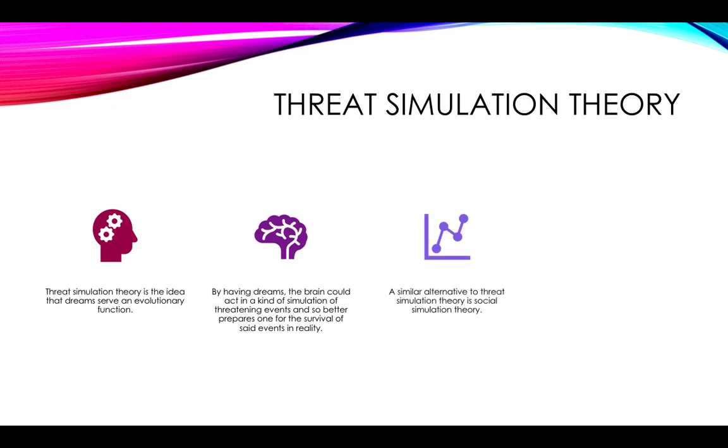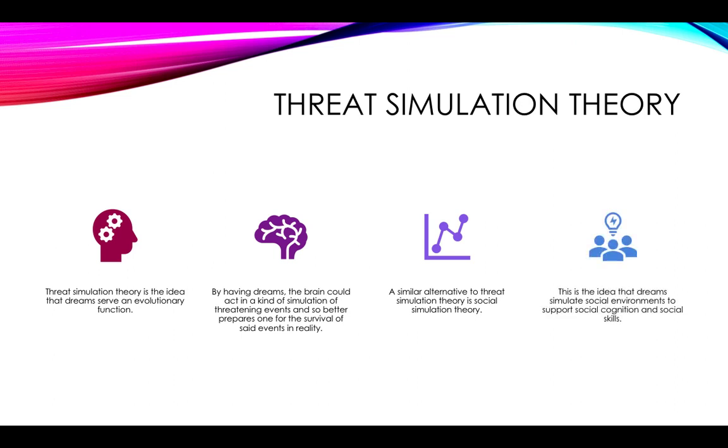A similar alternative to threat simulation theory is the idea of social simulation theory, because right now threats don't seem to be the kind of driving factor within our psychology as they did tens of thousands of years ago. Maybe now dreams serve a social function.